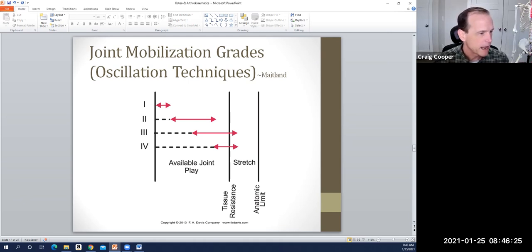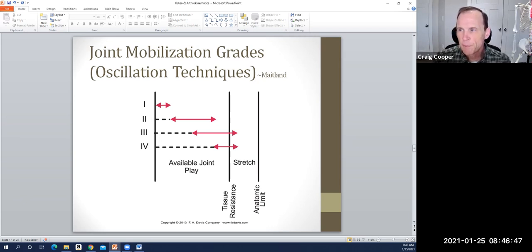But if they've got it in their hands, then I'm not going to do finger joint mobs and wrist joint mobs and stuff like that. So again, there's no hard and fast rule. It's going to be pretty patient by patient, and where exactly are there problem areas that we need to treat, and where else has their disease manifested itself.